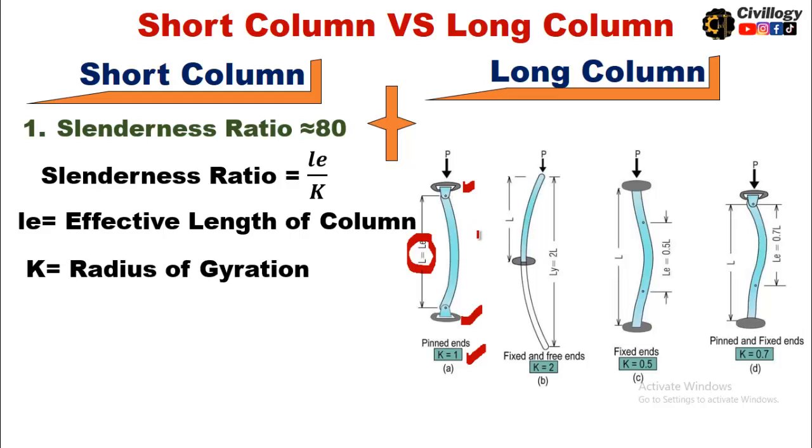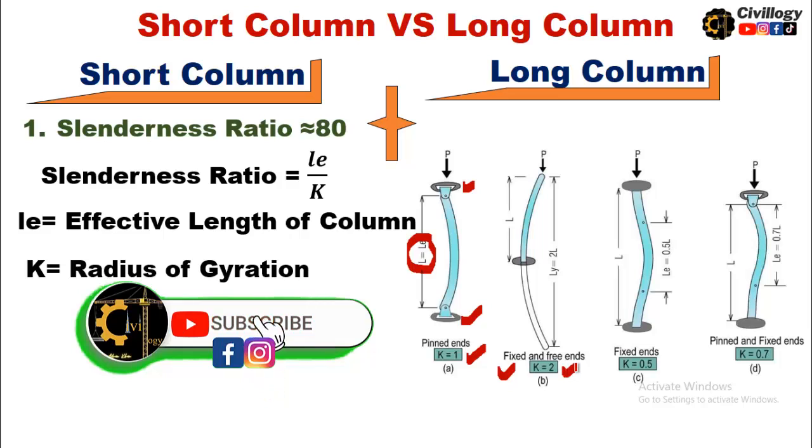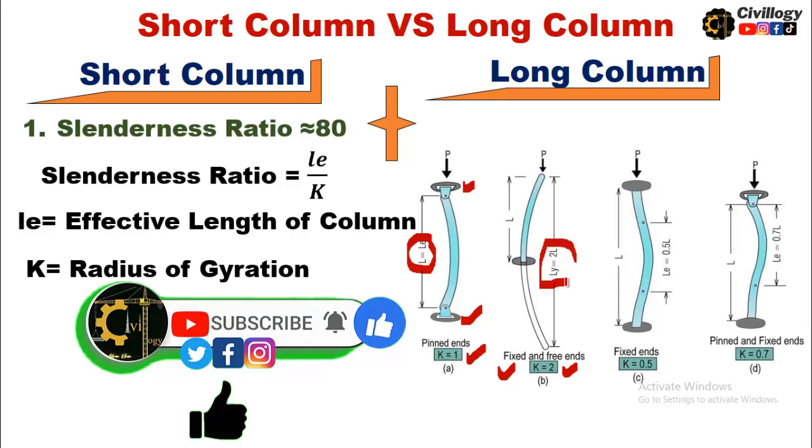So in this condition, when both ends are pinned, then effective length will be equal to actual length. As you can see over here in the second condition, fixed ends and free ends. When one end is fixed and the other is free, the value of K is equal to 2, which means the effective length will be equal to 2 times the actual length.